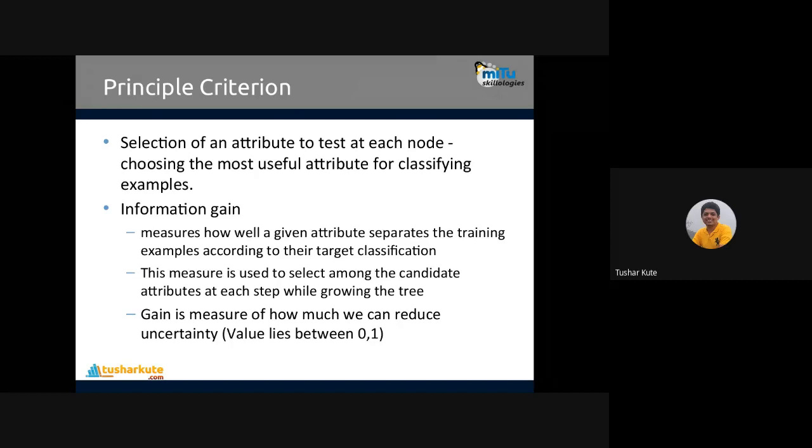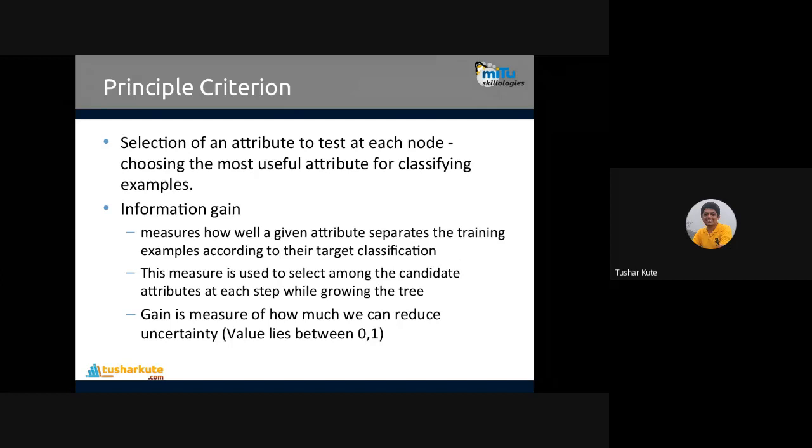Information gain means how much useful information is present inside the respective feature, basically the respective column that we are having. How much important information is present there, that is identified.